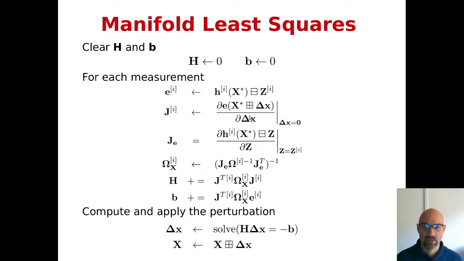This time the Jacobian is calculated with respect to the perturbation, evaluated in 0. Then we calculate the Jacobian of the error function with respect to the measurement in order to project the covariance matrix of the measurement into the error space.